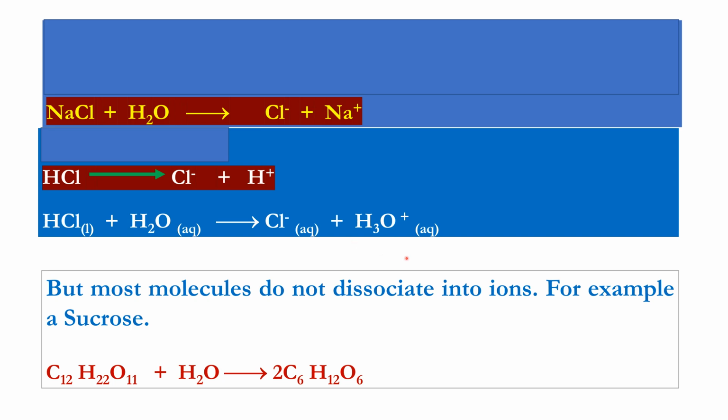But most molecules do not dissociate into ions. An example is sucrose. This is the formula for sucrose plus water. It will form two glucose molecules. So it does not dissociate into its individual ions. But in the case of sodium chloride and HCl, when they are dissolved in water, they dissociate into their individual ions.